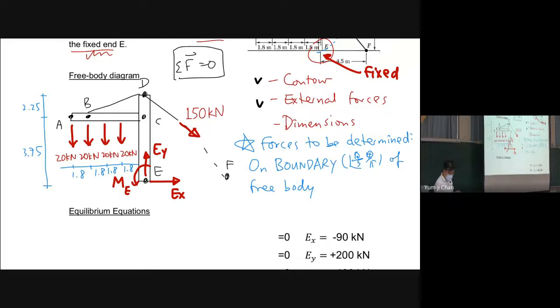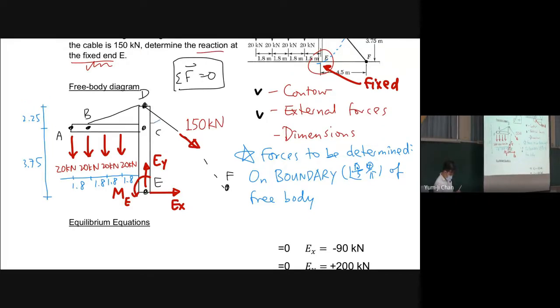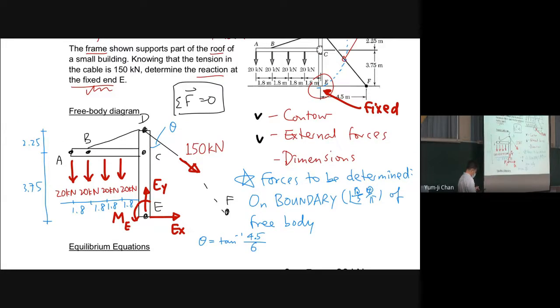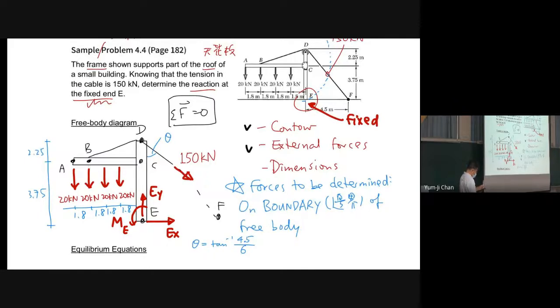We have this theta. The angle of this force is known, and theta is equal to how much? Theta is equal to the arctangent of how much? 4.5 divided by 6. Take a look at the diagram, because this one is 6 meters.